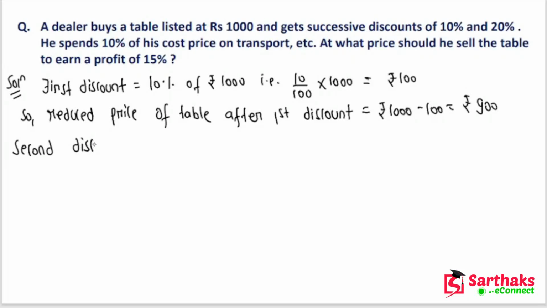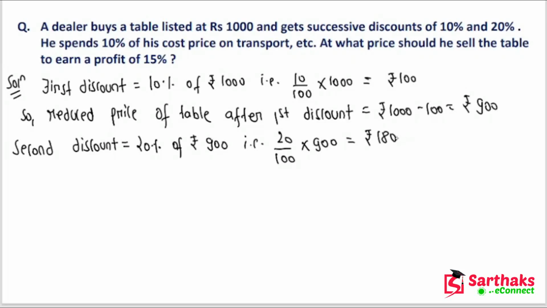Now the second discount is 20% of ₹900, because now it has become the mark price. That is 20 upon 100 of 900, which would be ₹180, right? So ₹180 would be the second discount on 900 rupees. So what is the final cost price to the dealer?